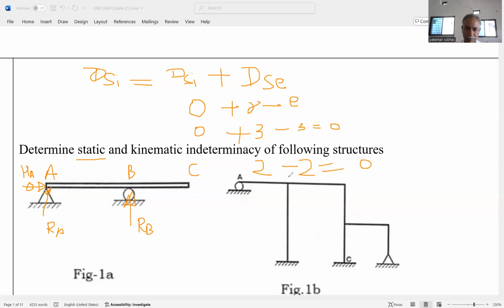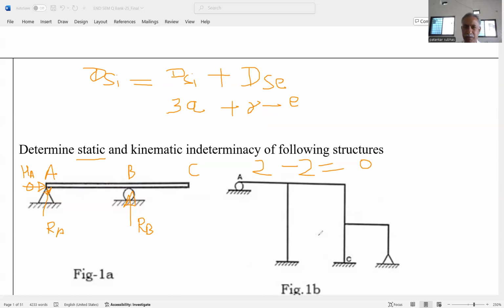Okay. Similarly, when we consider this frame, in case of frame, the degree of static redundancy is equal to DSi external and DSi internal. Here also, external is R minus E, the same, but for the internal, in case of the frame, it is not 0, and therefore the simple equation we can use is 3 times A. A is the closed area.